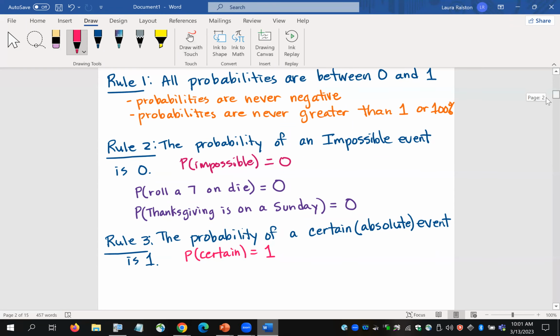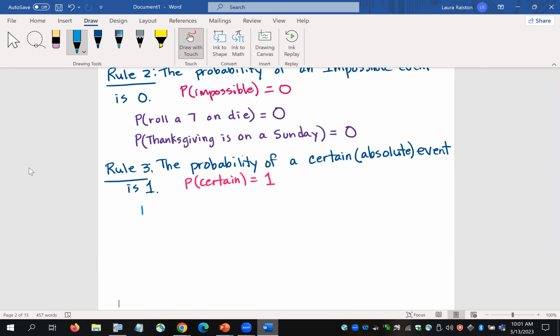So again, thinking about some examples. If I say, what's the probability you roll a number less than 7 on a die? Well, there again, all the numbers on a die are less than 7. 1, 2, 3, 4, 5, or 6.